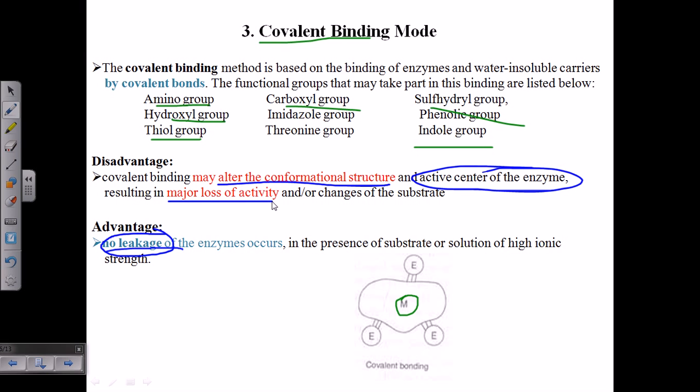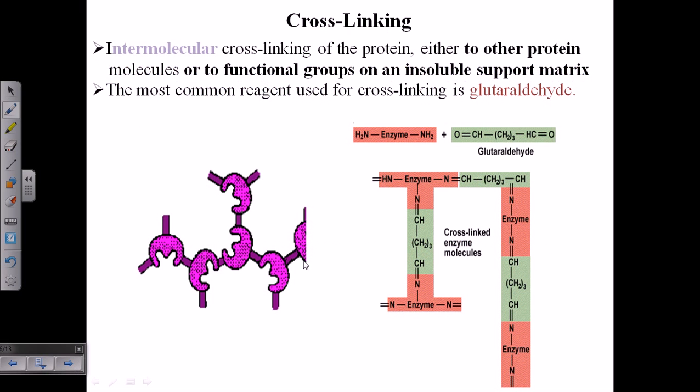So this thing can happen if it changes the conformational structure of the enzymes at the active site of the enzyme. It can lead to the loss of enzyme activity, because the enzyme is acting with substrate by its active site, right?